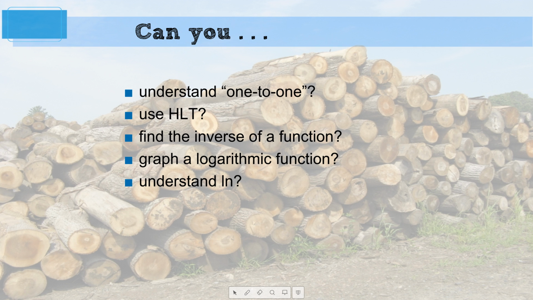Oh, by the way, you're going to need your calculators. Get those out real quick. Let's take care of something before I forget. Hit the mode button on your calculator. Put that bad boy in radians.